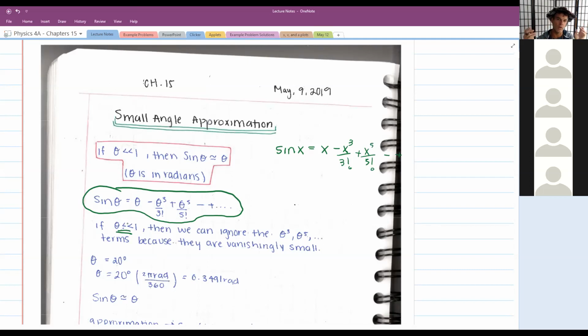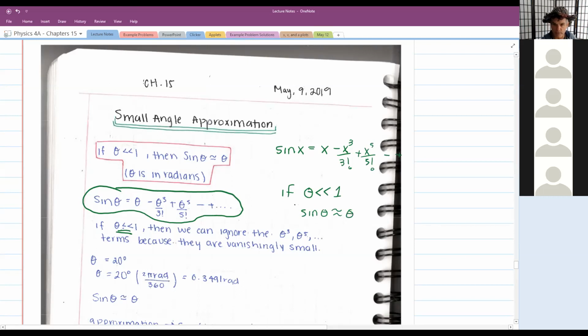Theta to the 5th over 5 factorial is going to be unbelievably small. And so if theta is much, much less than 1, then I can approximate sine theta as being about equal to theta.